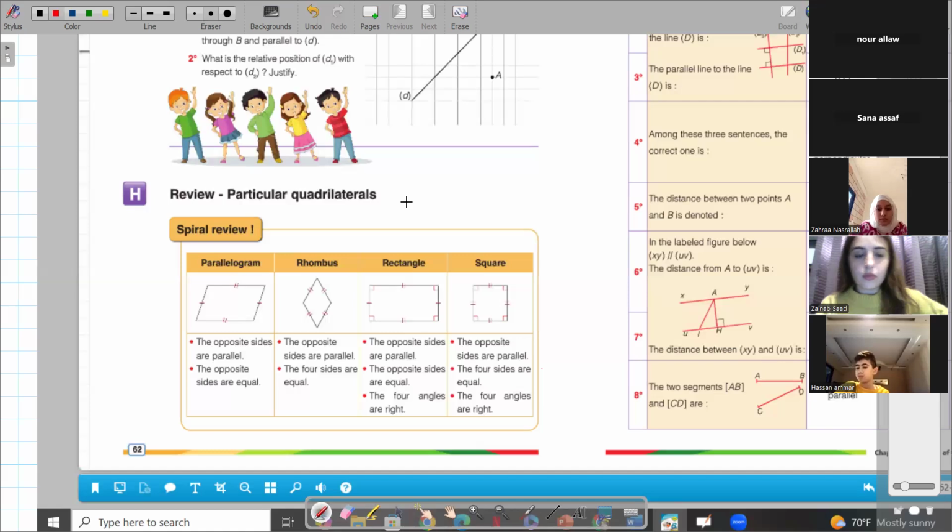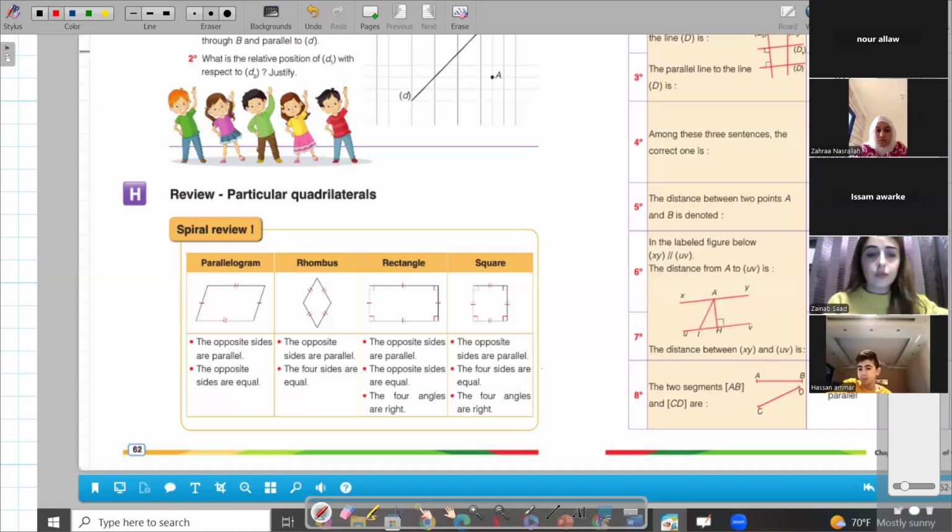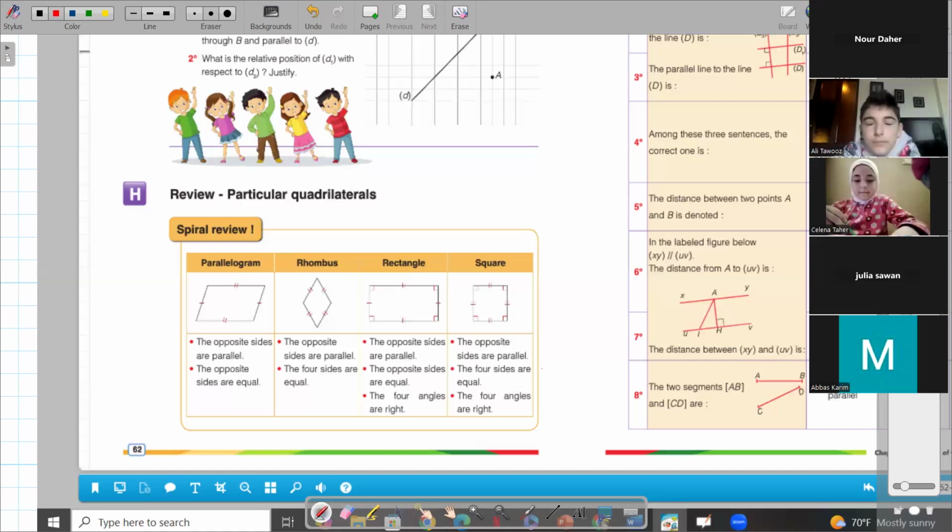The opposite sides are parallel and the opposite sides are equal. Does it have a 90-degree angle? No. If they were 90 degrees, it would be a rectangle, okay? So it's a parallelogram.